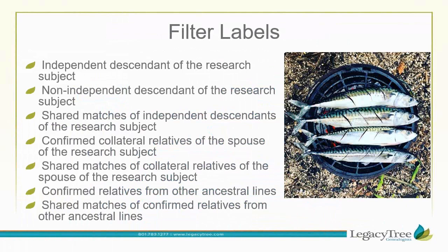One of the benefits of adding some of these additional filters is that you can also then filter by exclusion, or sort by exclusion, to say, not only are we bringing in everybody that we're interested in who is sharing DNA with these independent descendants, we're also throwing out all of the people who are known relatives of other ancestral lines or who are shared matches to those confirmed relatives from other ancestral lines.